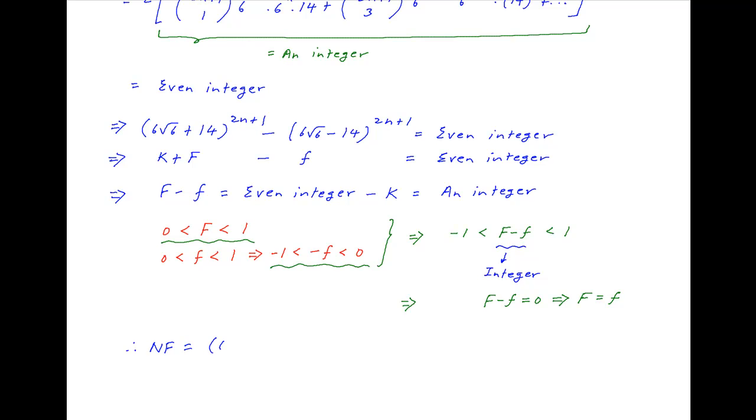Therefore, the product of n and capital F, where n is the value (6√6 + 14)^(2n+1), times capital F, which is equal to small f as established above. Substituting the value of small f, we get n times F is equal to (6√6 + 14)(6√6 − 14) whole raised to the power 2n+1.